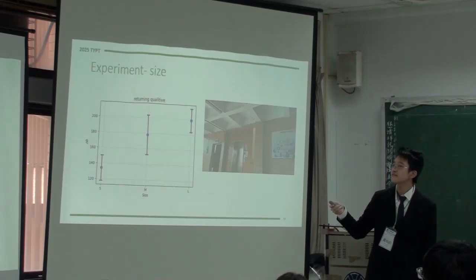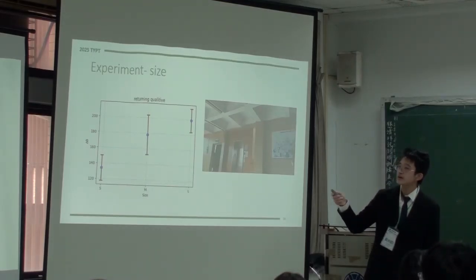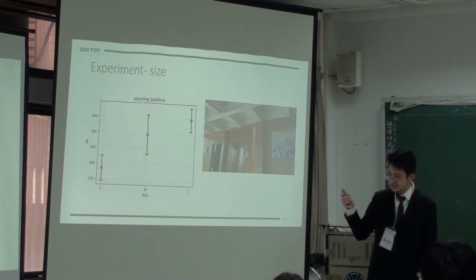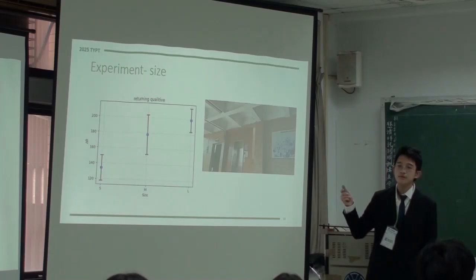In this chart we can find out the larger the size is, the larger delta theta is, and the larger delta theta is, it stands for a better returning quality. I think it is because the larger size has more mass, so that the boomerang will be more easily affected by airflow.